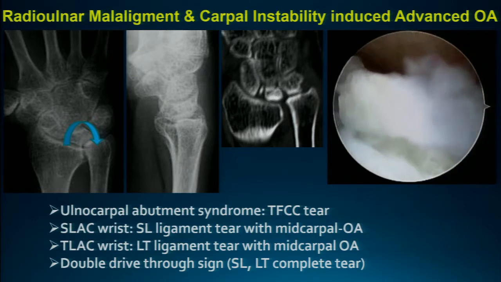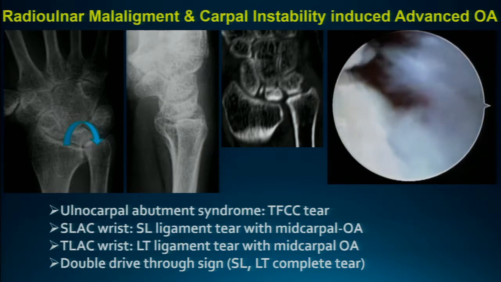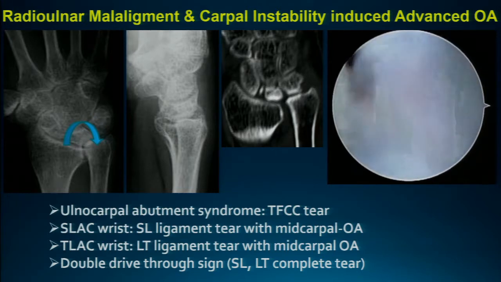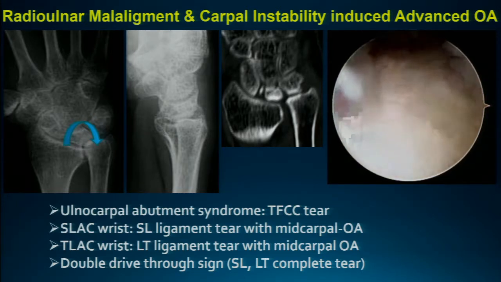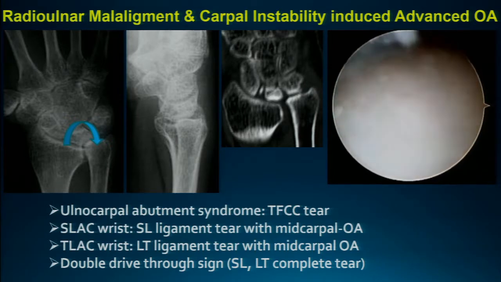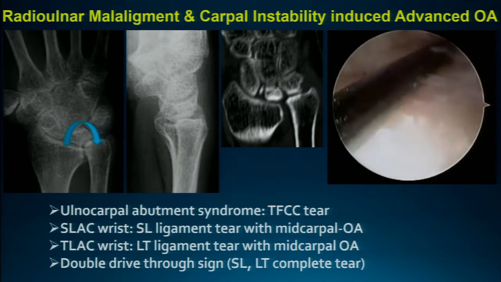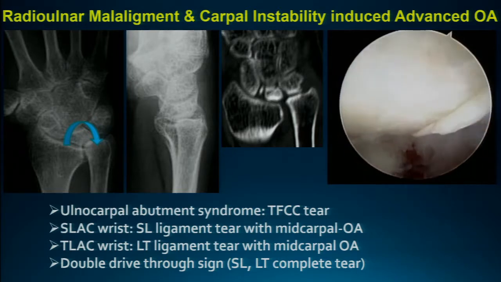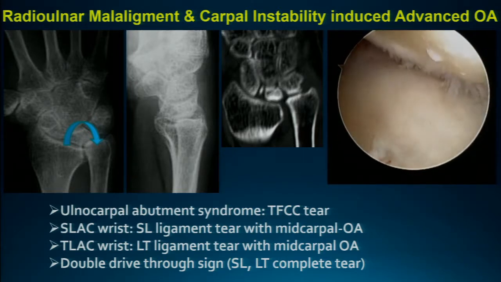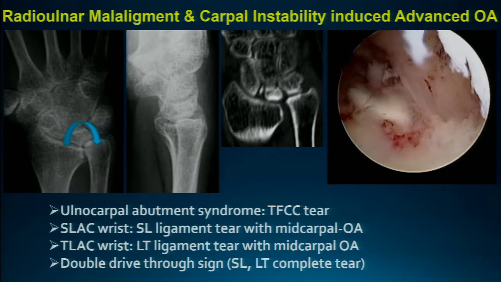And also, again, we move back from the midcarpal space to the radiocarpal space, again to the ulnar head. So it indicates the double drive-through sign between the SL and the LT complete tear. This is very devastating osteoarthritis.